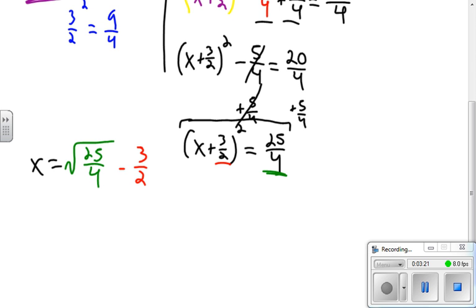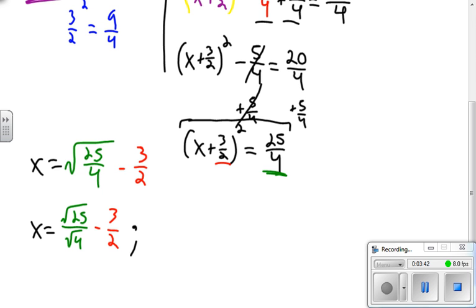So this is starting to look a little better. Remember, we can split up any radical. We don't want to keep a radical in the denominator. We can split it up into root 25 and root 4, minus 3 halves.